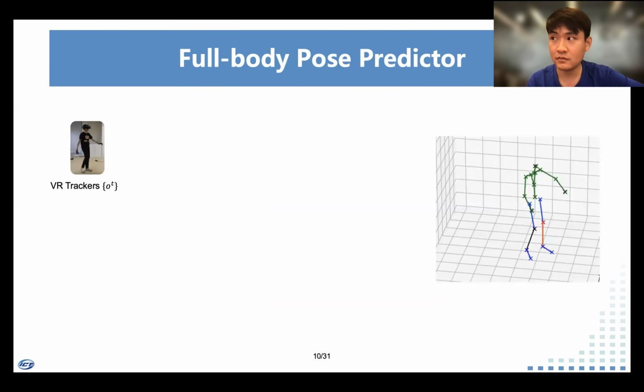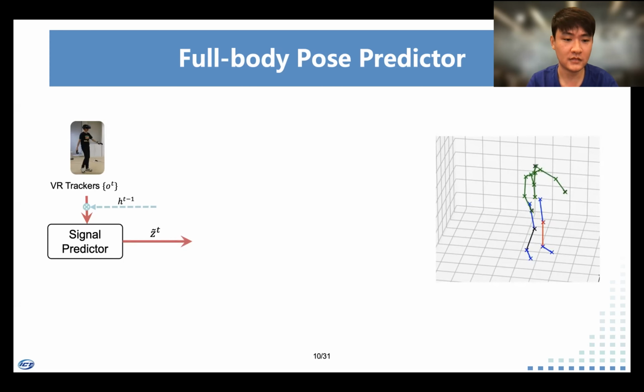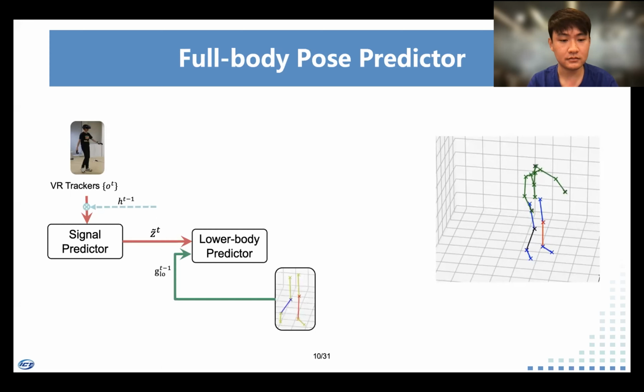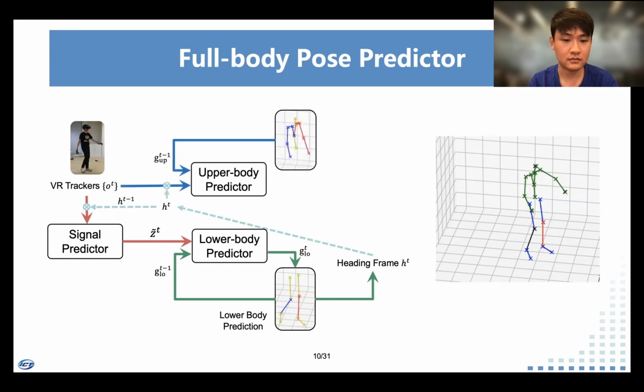As shown in the figure, given the previous estimated heading transformation and the current VR tracker input, the signal predictor first transfers the VR input into the control signal for the lower body predictor. The lower body predictor then predicts the coordinated leg motions and updates the heading frame. The upper body predictor then computes an upper body pose that follows the tracker's position in the updated heading frame.